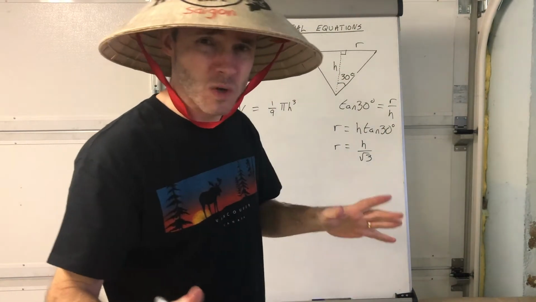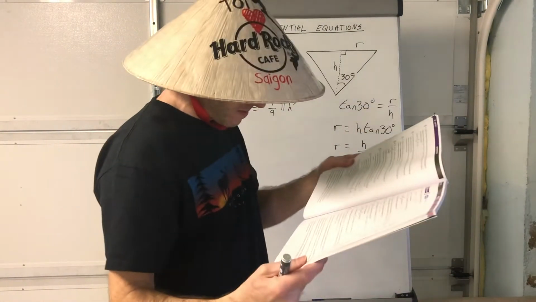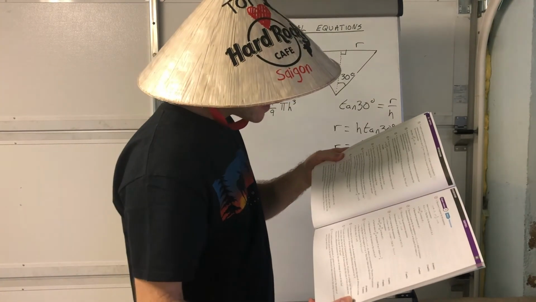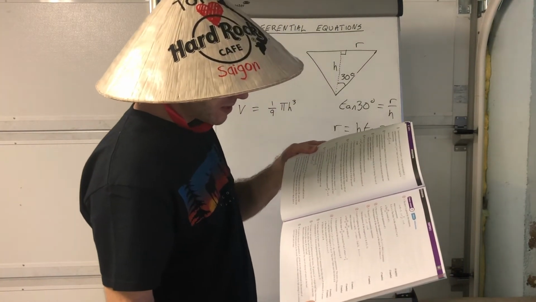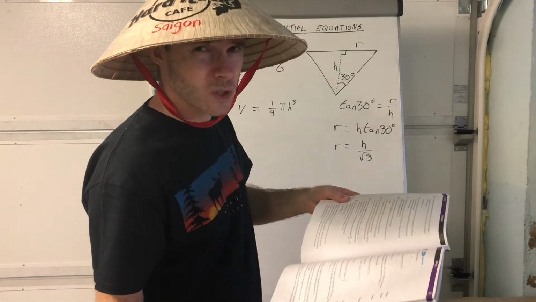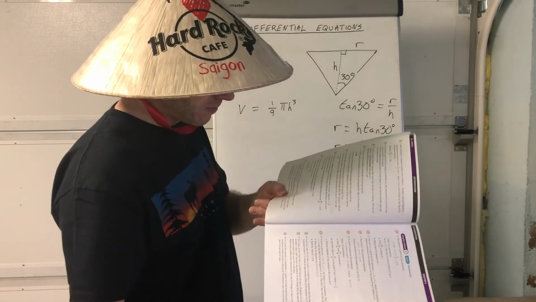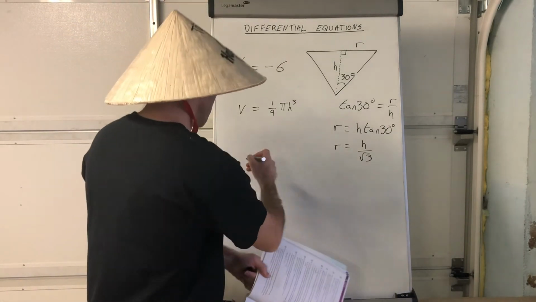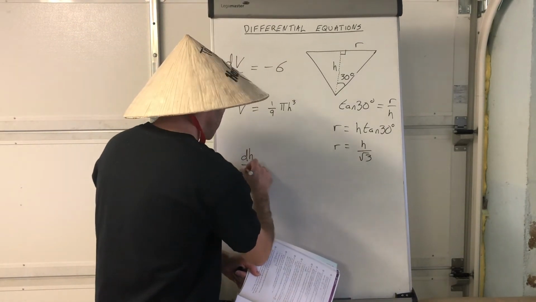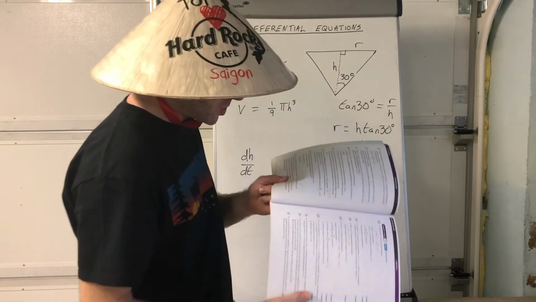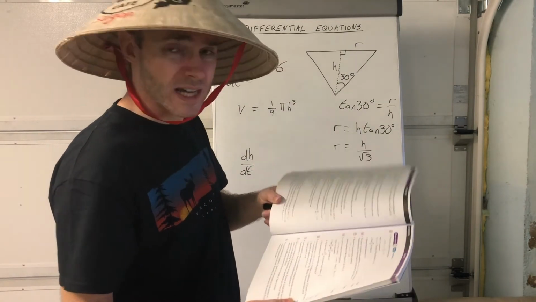Anyway, part 2 of the question, what was it again? It was to show that the rate of change of the height of the salt in the funnel is inversely proportional to H squared. So what are we after there? The rate of change of the height of the salt is dH/dt, isn't it? And show that it's inversely proportional to H squared.